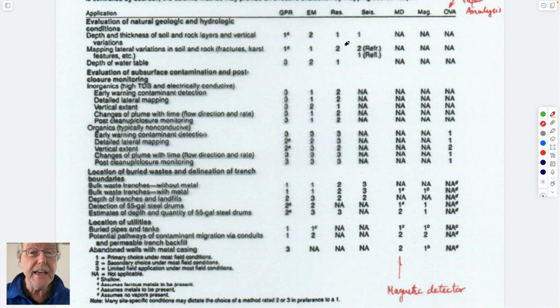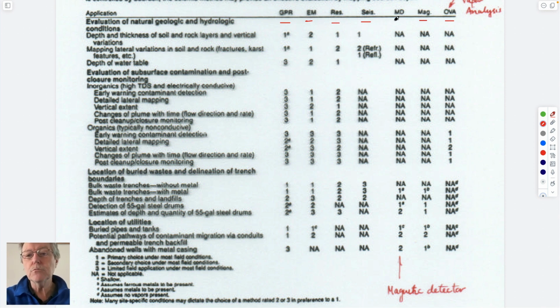These are two tables at the end which talk about the utility of using ground penetrating radar, electromagnetics, electrical resistivity, refraction seismic refraction, magnetics, organic vapor analysis, so putting in a capillary, sucking out vapors from the soil and putting it through a gas chromatograph to see what's there.